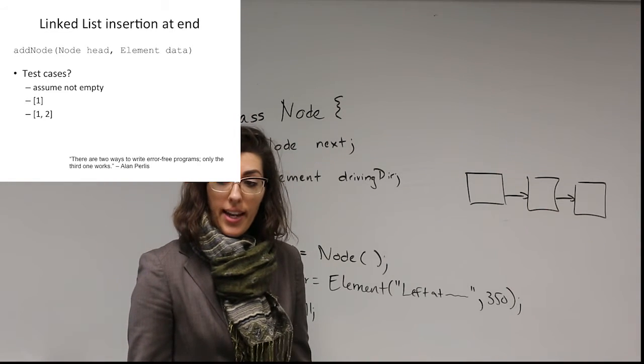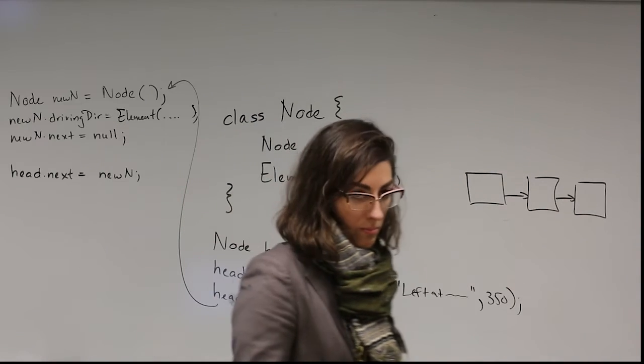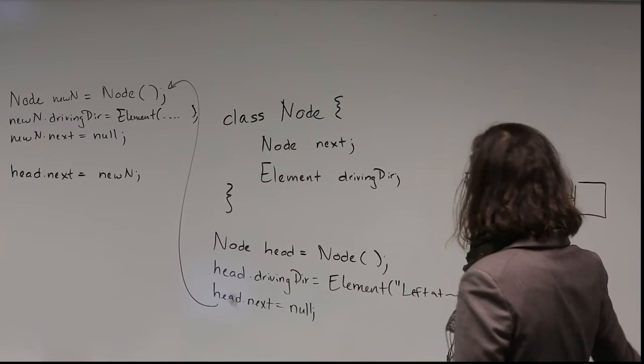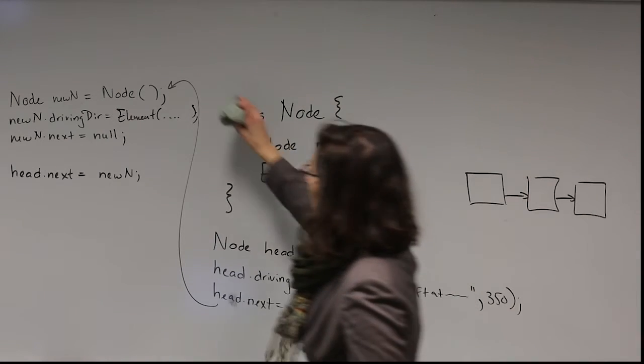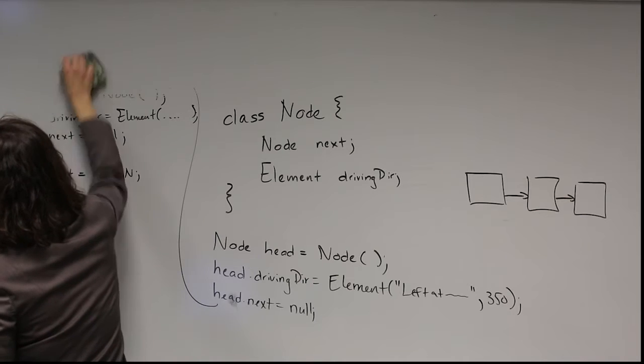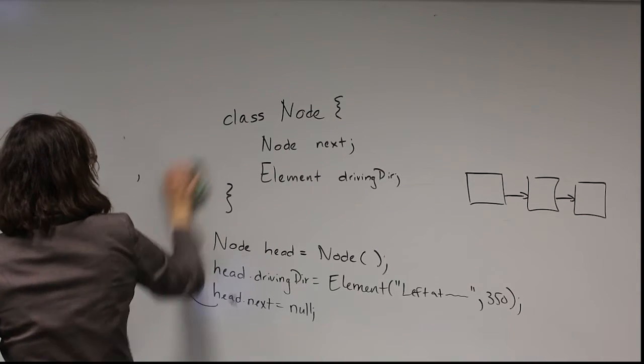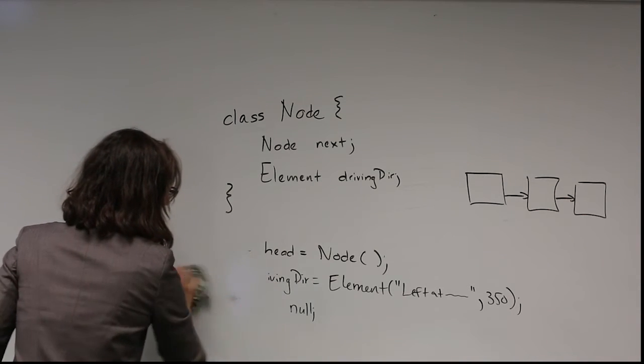So let's try now to write a method or a function, in this case a function, to insert something at the end. I'm going to erase all this. But keep in mind that node class.